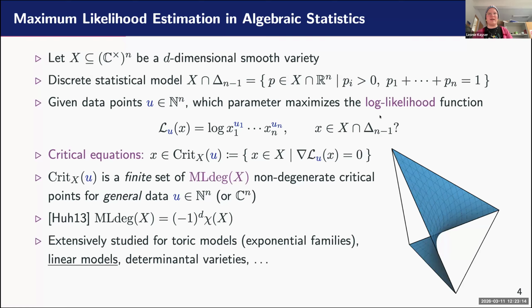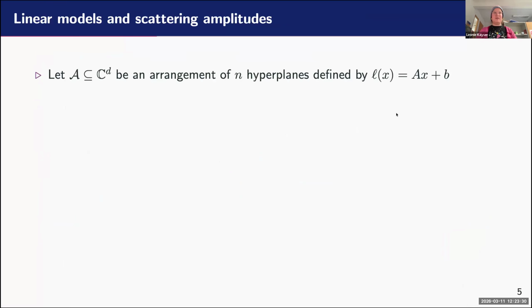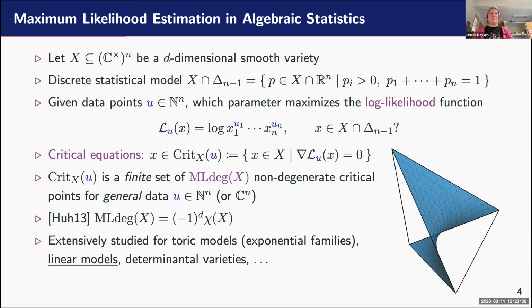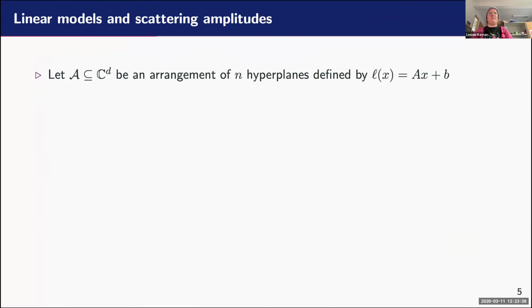All right, perfect. And today we're looking at the particular case of linear models, though the entire discussion is also interesting for other algebraic models from algebraic statistics. And what is a linear model? It's essentially just a linear subspace of this probability simplex or the C star to the n.